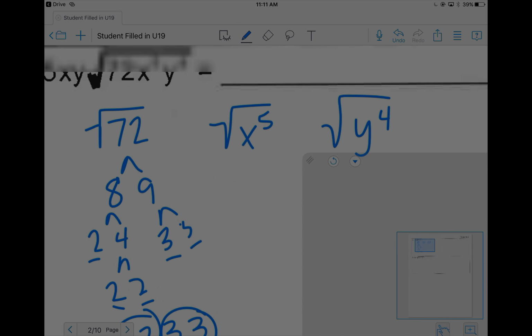So the 2 comes outside, the 0.5 means I have 1 that stays inside. For my y's, 4 divided by 2 is 2. Because I have y squared and no 0.5, there's nothing that stays inside the square root. So I have 6 outside, x squared, y squared. And then under the square root, I have a 2 and an x.